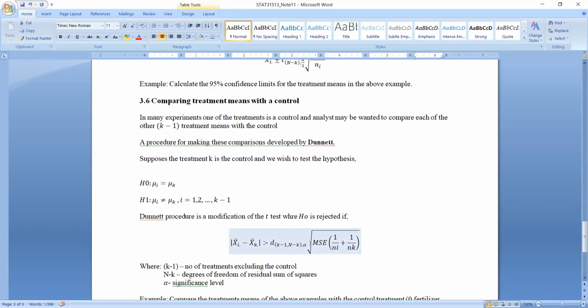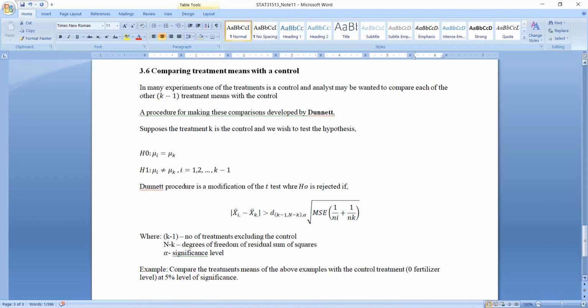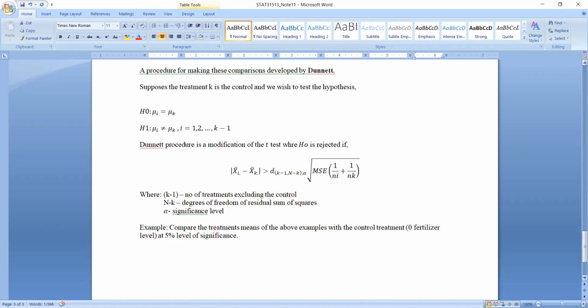From the Dunnett table, we can read the values, and using this test statistic, we can compare a control group and another treatment, and see whether there is any difference between the control group and the other treatment.